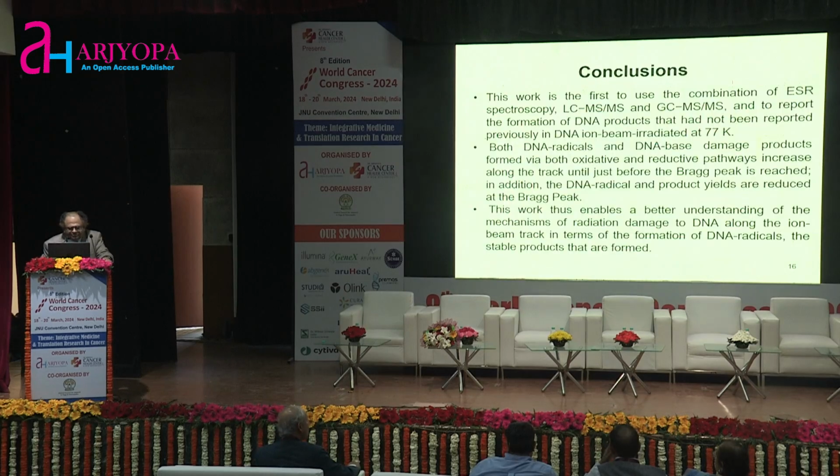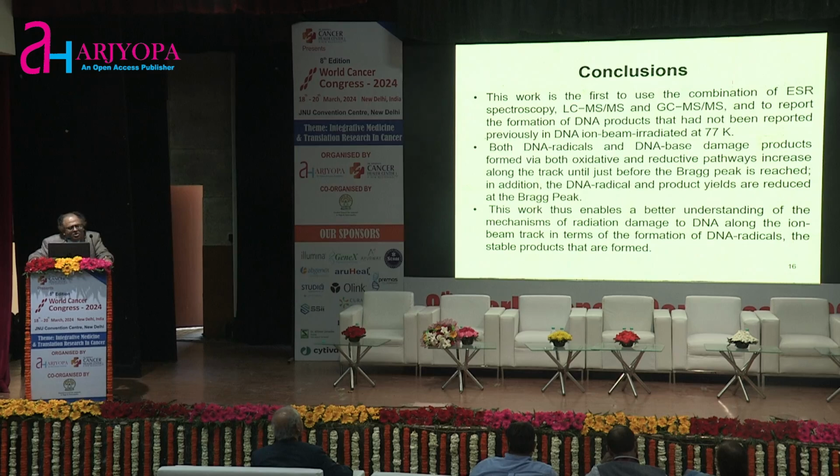Now what is the conclusion of these studies? This is a unique study that is a combination of the electron spin resonance spectroscopy and the tandem mass spectrometry application, to find the DNA radicals and its products in the same sample.